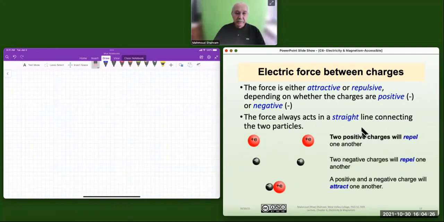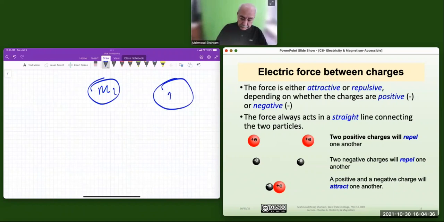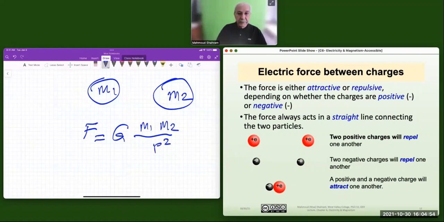Remember, we had the gravitational force between two masses, let's say mass 1 and mass 2. There was a force, and then there was a constant G, and then we had mass 1 times mass 2 divided by the distance between them squared.